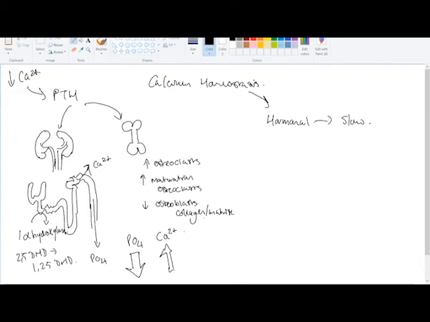The net effect of that is that we will get a decrease in phosphate, and we will get an increase in calcium.